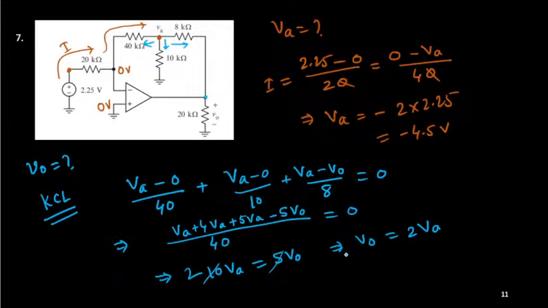And what is the current through the 8 kilo ohm? That you can calculate. So in this case, 2 times minus 4.5, so we are getting minus 9 volt. But you are getting minus 8.5 volt. How?